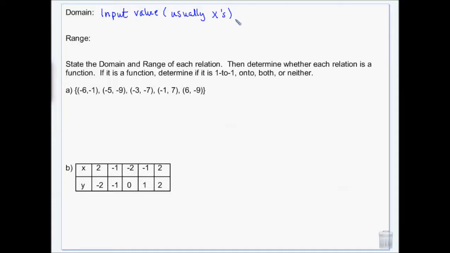So domain are the numbers that you plug in. And range is the output values. And those are usually your y's. If we were using A's and B's, the domain would be the A's, the range would be the B's.